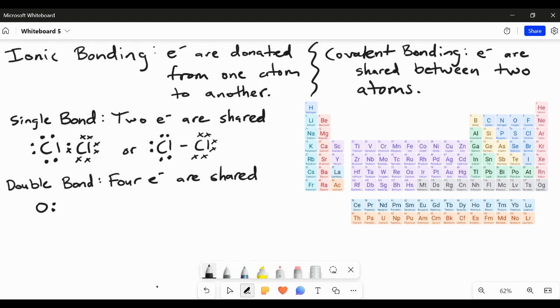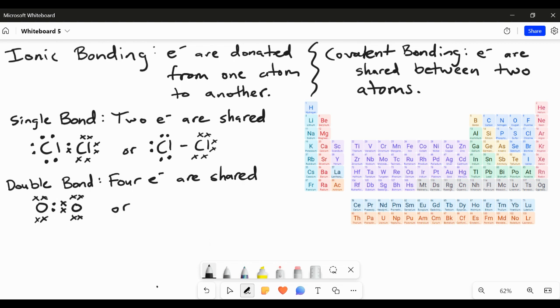Something like this. So you can see now there are 4 electrons being shared in between. And as a result, they're both meeting the octet rule. There's 4 being shared, and each one has 4 on their own.